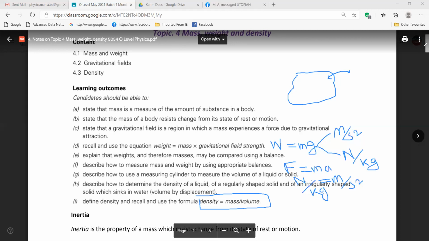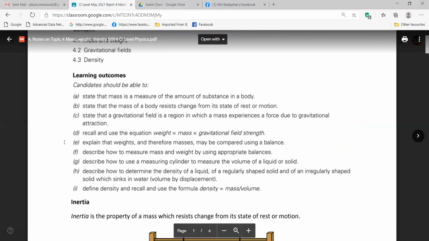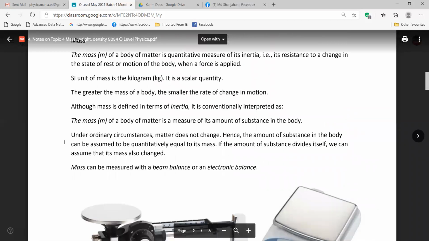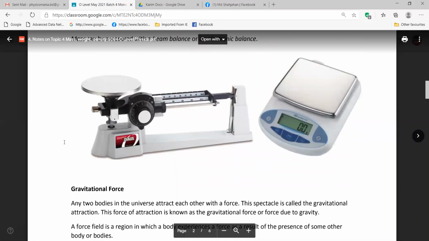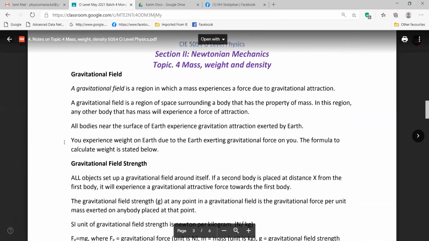So do you have any questions here? No, sir. Anything else from the whole topic? All these things are discussed here below. Whatever we discussed from the learning outcomes, those are available here. You see inertia, then amount of substance we discussed, then we have different kinds of balances. What is gravitational force? What is gravitational field?